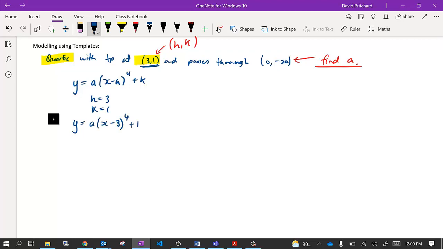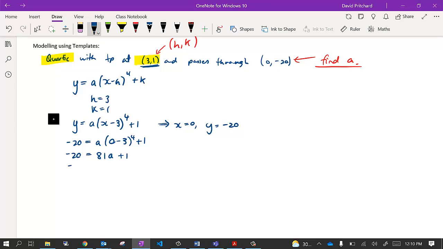We can use this information, x is equal to 0 when y is equal to negative 20, to determine that a value. If we substitute them in, we've got negative 20 is equal to a times (0 − 3) to the power of 4, plus 1. Now, negative 3 to the power of 4 is 81, so we've got 81a plus 1. And now we can just isolate a.